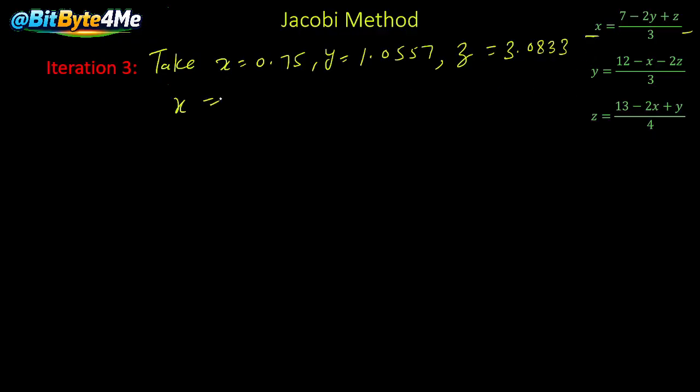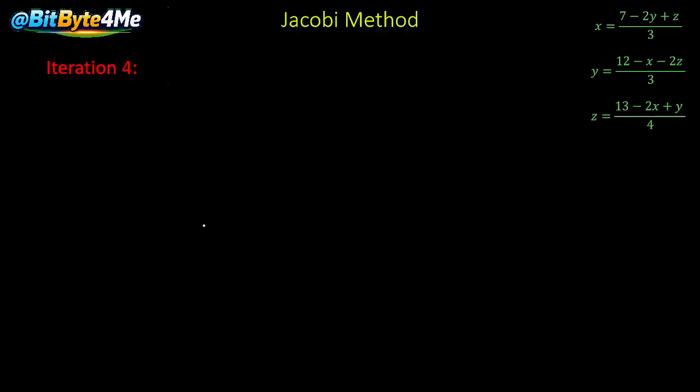So you will get x is equal to 2.6574, y is equal to 1.6945, and z is equal to 3.1389. So these values will be used in the next iteration, which is iteration number 4.